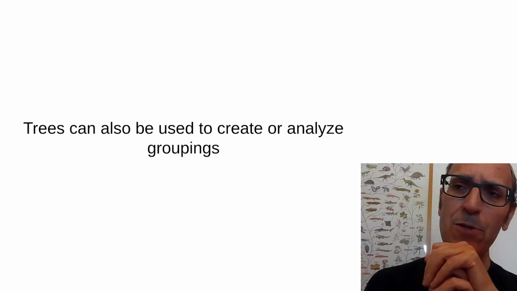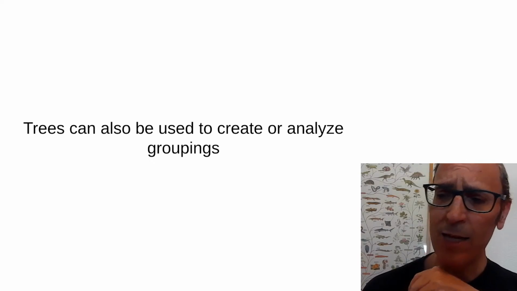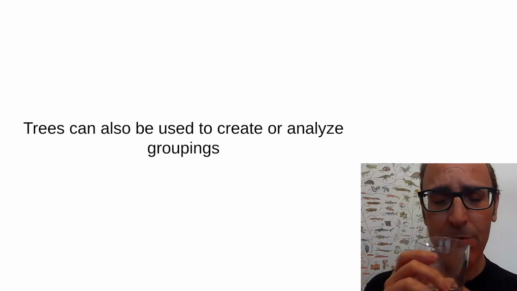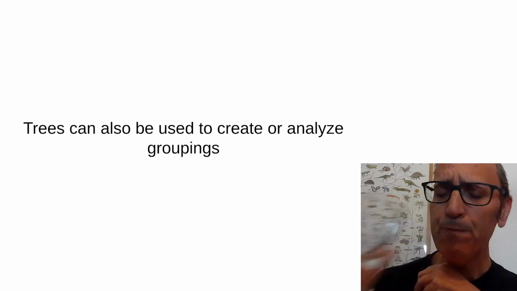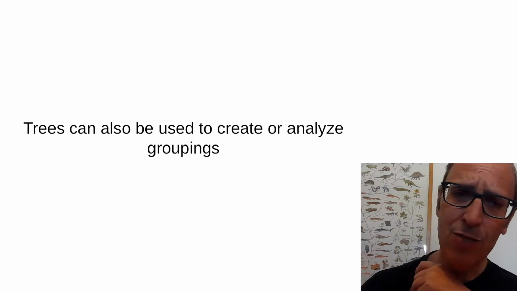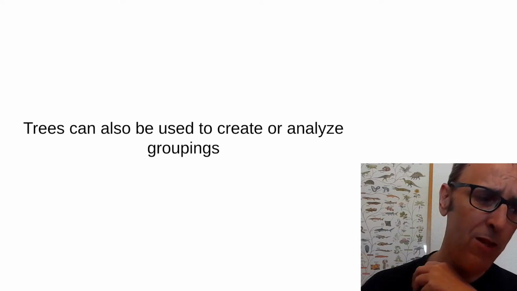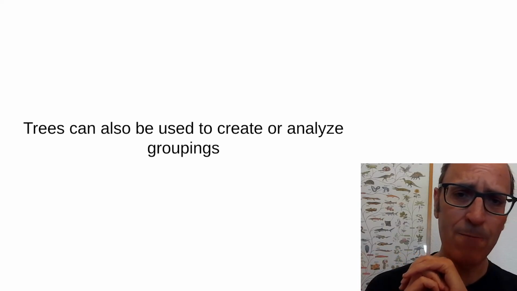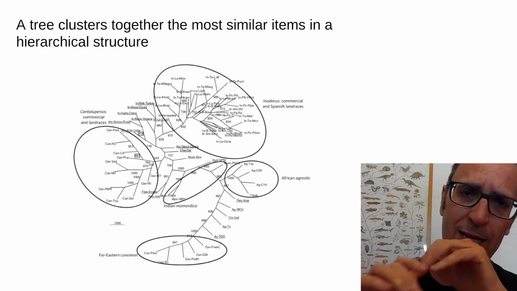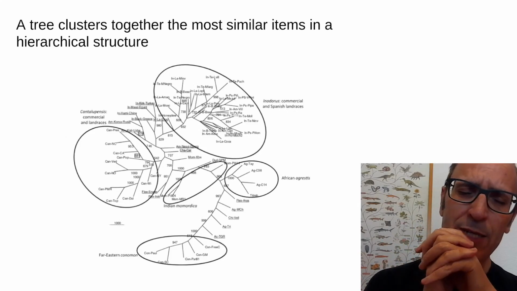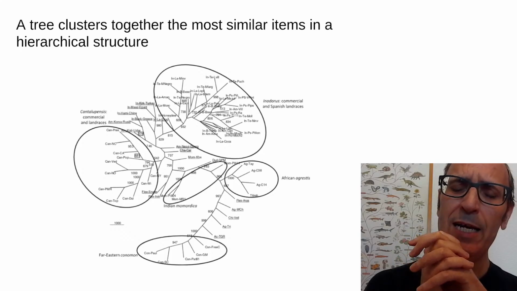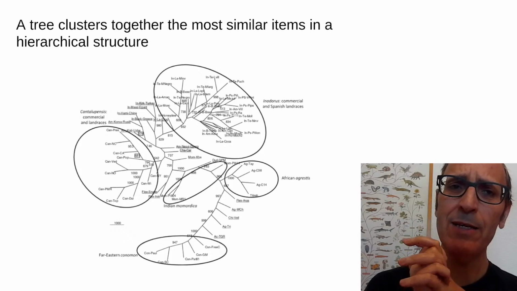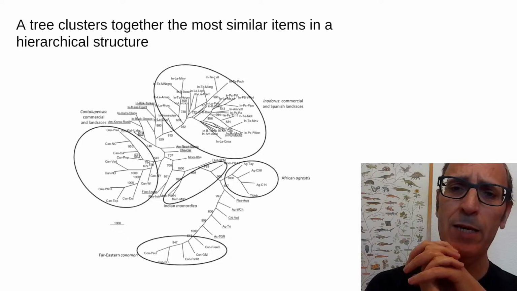Instead of doing PCAs, another approach that is sometimes used in population genetics is to use trees. But with trees, you have to be more careful than with PCAs, I think. Trees try to create a hierarchical structure from the data that you have.